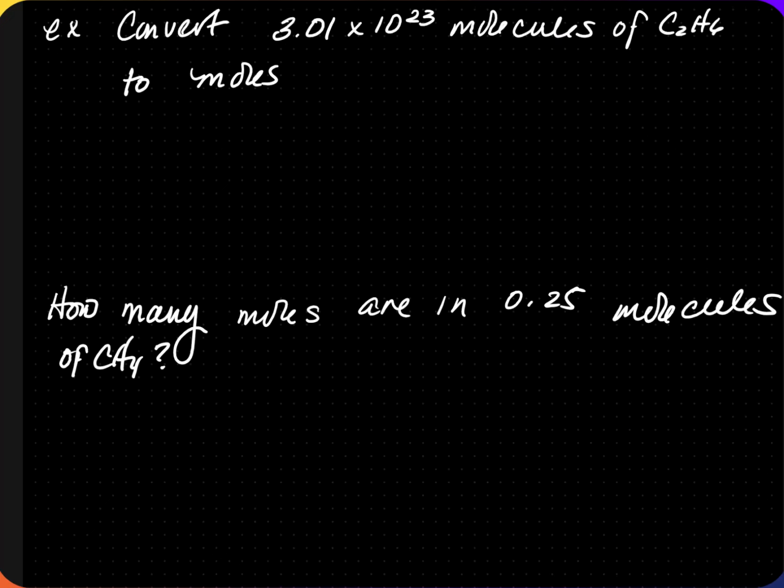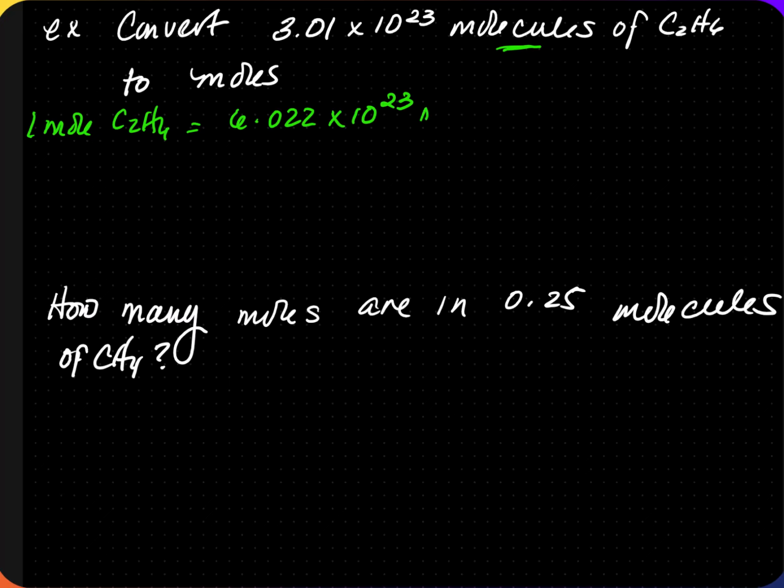So here we're converting molecules to moles. Since it's molecules, we know it's Avogadro's. The units can be anything. So that means I know 1 mole of X here, which is C2H6, is going to equal Avogadro's number, which is 6.022 times 10 to the 23rd.